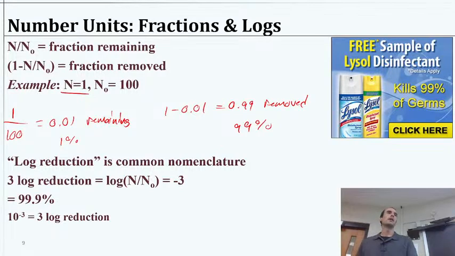Another concept here is what we would call a log reduction. This is basically shorthand, but it's very commonly used in especially disinfection, also sometimes membrane sciences and some other areas. What we're referring to is if we have a 3 log reduction, we've moved the decimal places 3 logs as a log base 10.